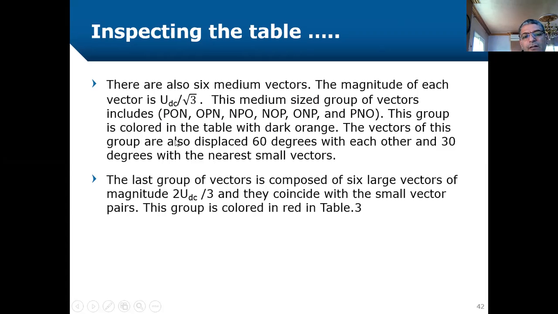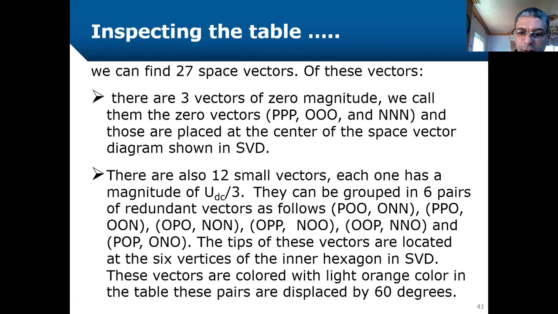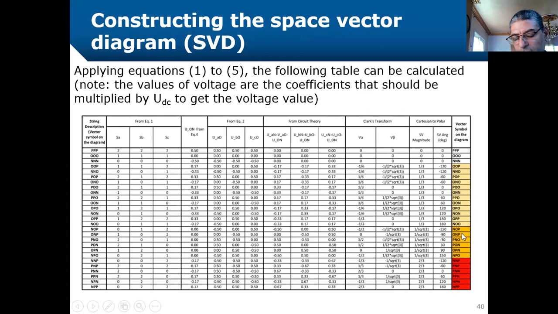This group is colored in the table with dark orange. The vectors of this group are also displaced 60 degrees from each other and 30 degrees from the nearest small vector. We can go back to the table. See, dark yellow or orange, this one. And you will see them on the figure later.